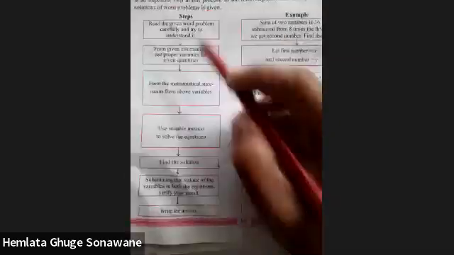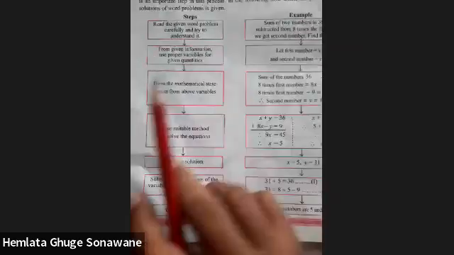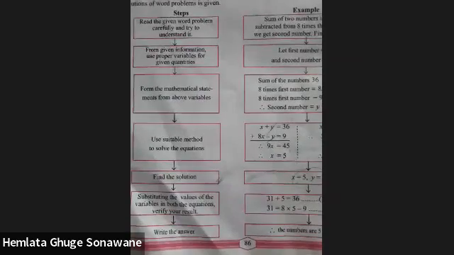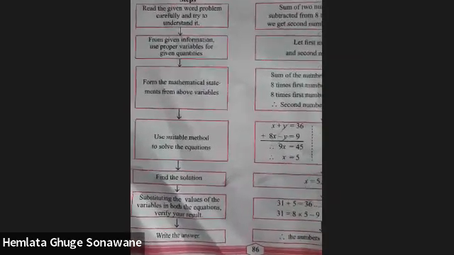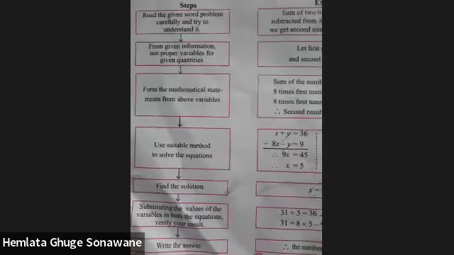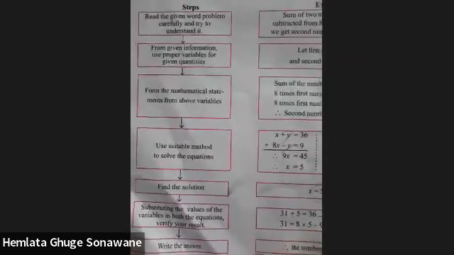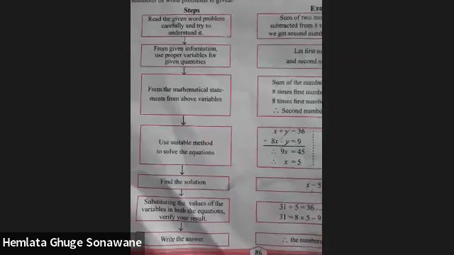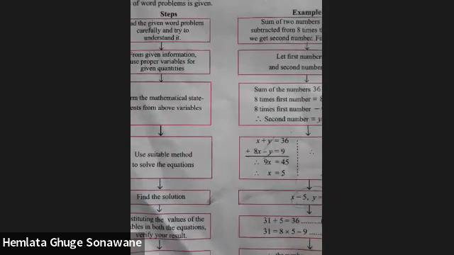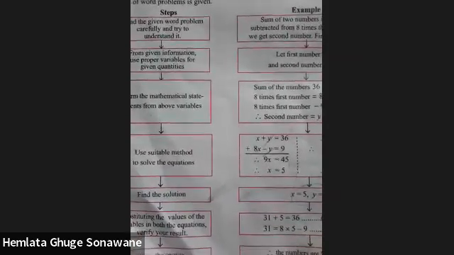In this way we have to follow different steps. We have to read the problem properly, silently, and understand what is said in the example. Then we have to decide the variables. We have to form the mathematical expressions after deciding variables by using the given data.